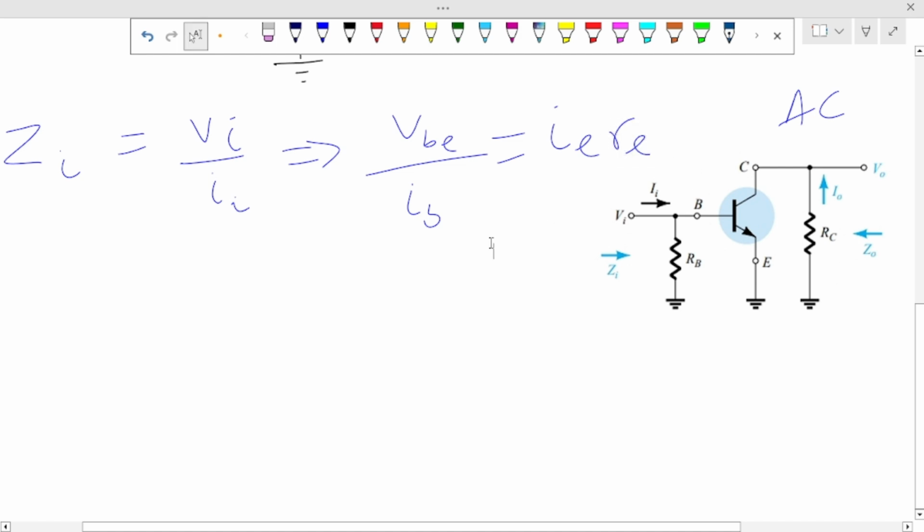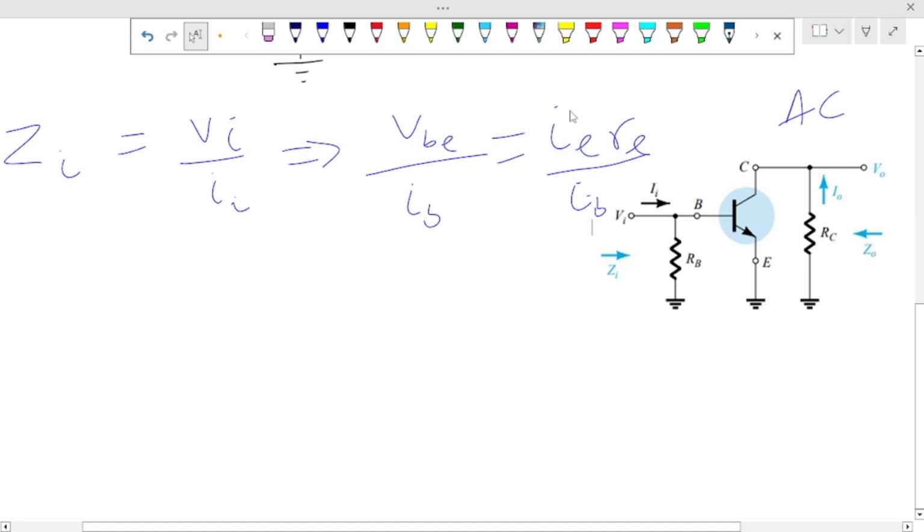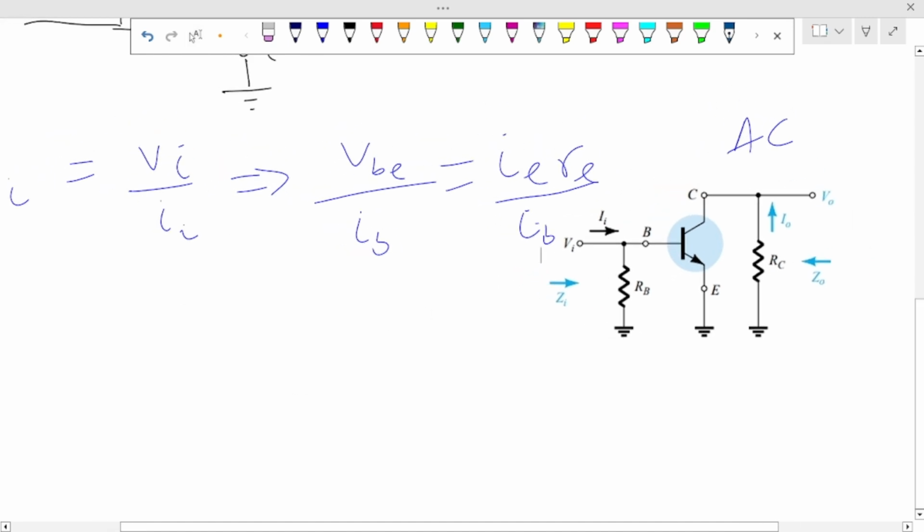Just bear that in mind. It represents the internal resistance and depends on the emitter current. So divided by IB. Okay, we're progressing.